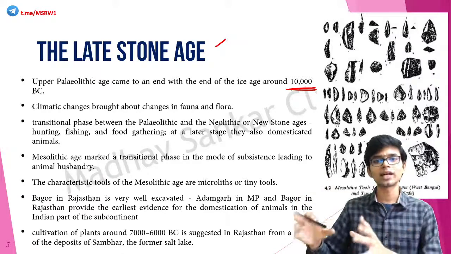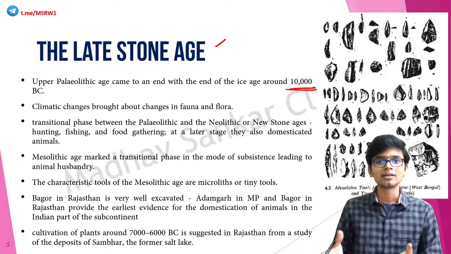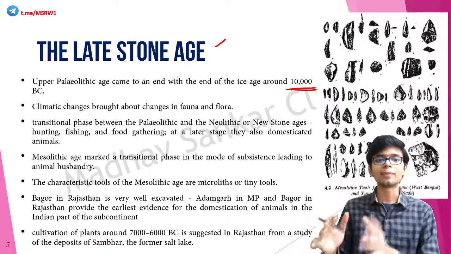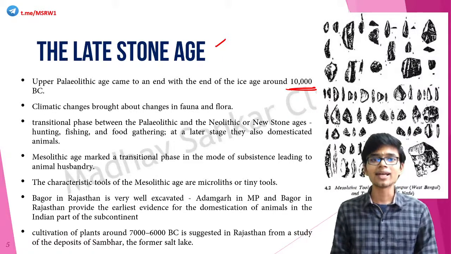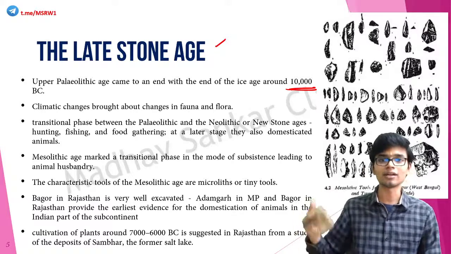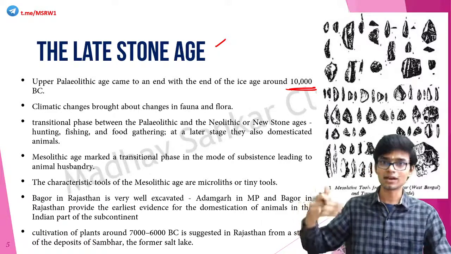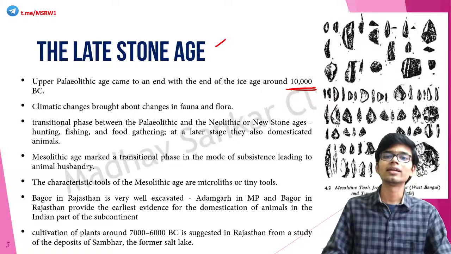At a particular point of time the Ice Age ended, and with that the Upper Paleolithic age also came to an end. Then the warming continued very significantly, and it led to changes in fauna and flora.